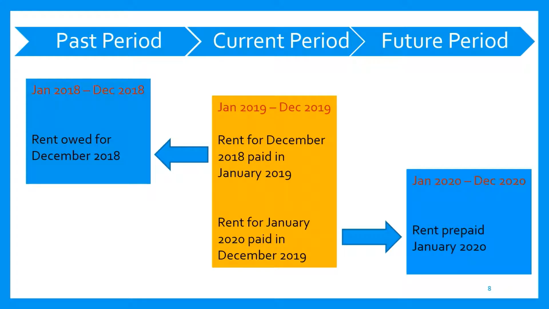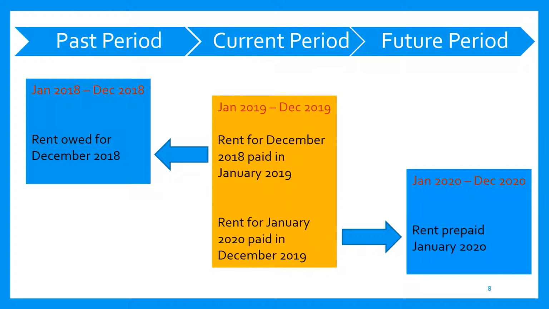During the current period, any money received or paid for a past period or for a future period should not be included in the current period's profit and loss account.